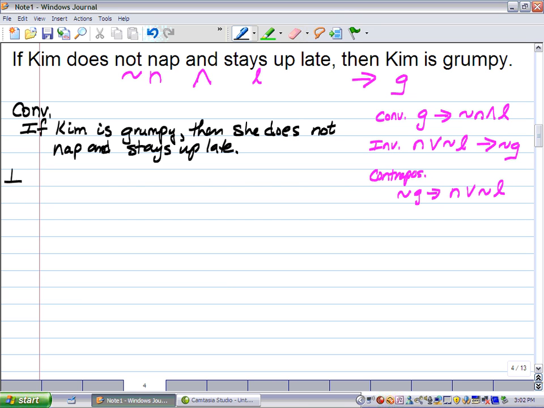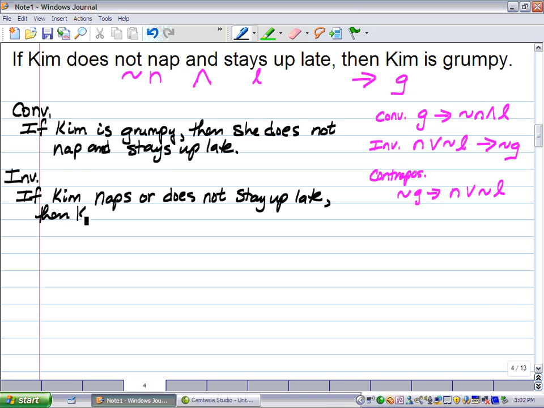Okay, the inverse would be to change each in its original position to the opposite. So if Kim naps or does not stay up late, then Kim is not grumpy.